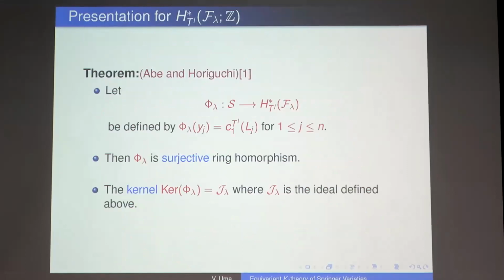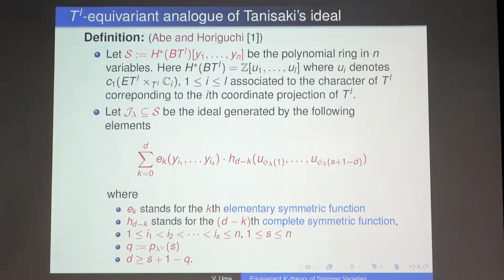Then the theorem of Abe and Horiguchi is that if you take the map pi lambda, where you send yj to the first Chern class of the line bundle Lj for j from 1 to n, then this is a surjective homomorphism. That means it is generated by these Chern classes, and the kernel is precisely the ideal which we just now saw, given by these relations where these vary over the symmetric functions and this s varies.